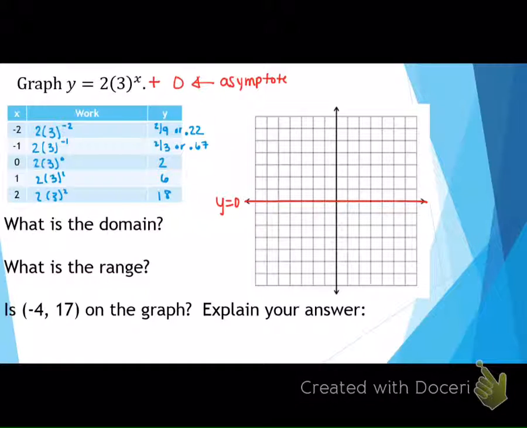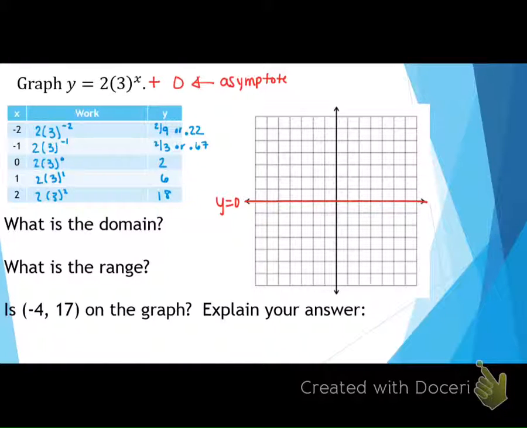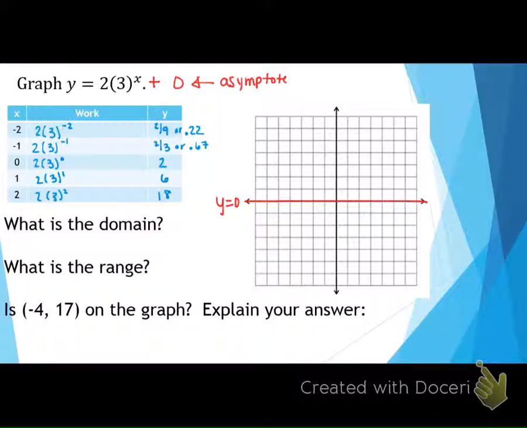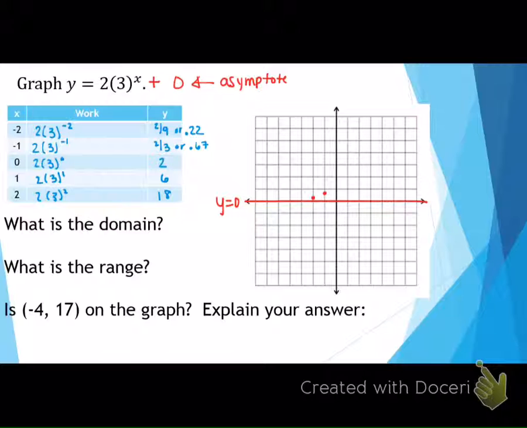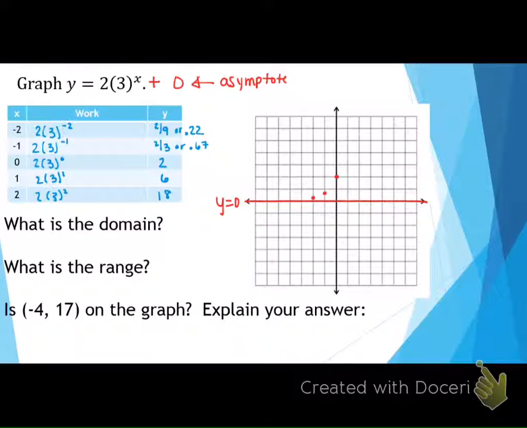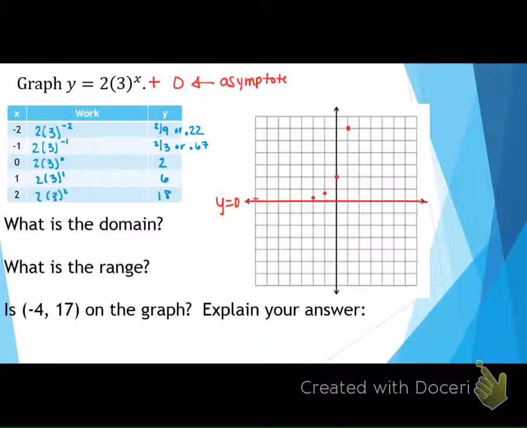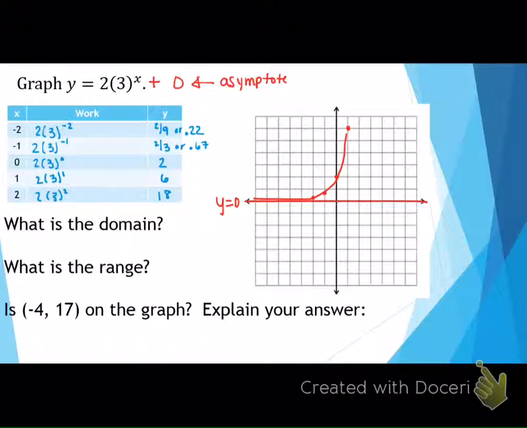So we'll always plot our asymptote first, so we know exactly what we're not going to cross. Only plot the points that fit on the graph. That doesn't mean that there's not other points along this curve.